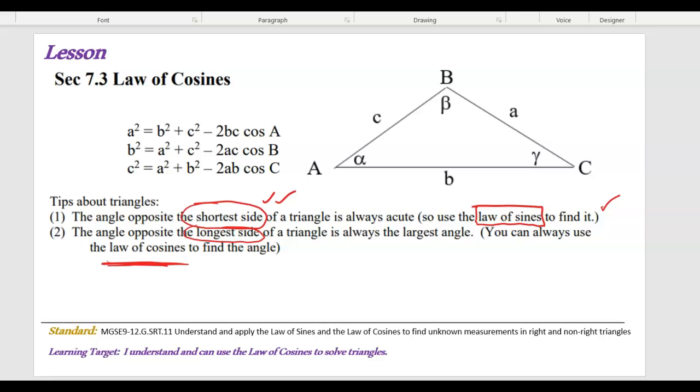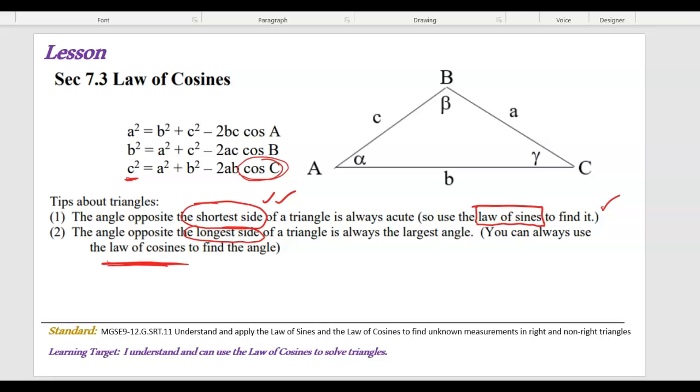For example, if c is the longest side, we would put c here so that we can find angle C. If c is the longest side, C is going to be the largest angle, and the largest angle sometimes is obtuse. Cosine inverse will spit out an obtuse angle. Sine inverse will not.